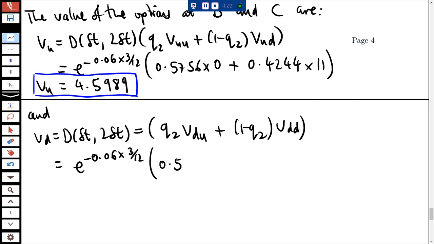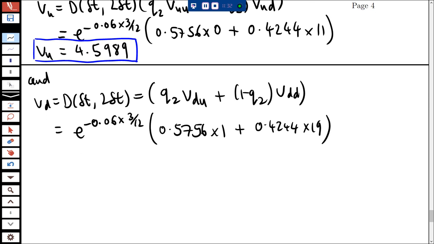This is from the tree. The values are 1 and 19. Using the risk neutral probability, drop all those into a calculator. We get around £8.51.